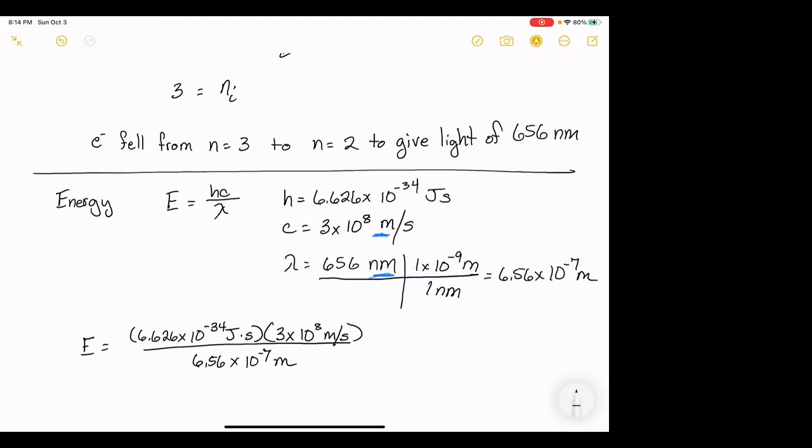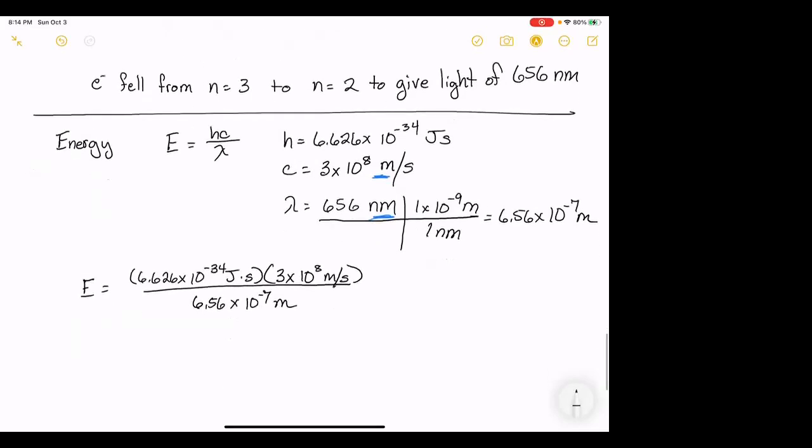And I know this is going to come out to times 10 to the minus 19 because it is visible light, and visible light will always be at 10 to the minus 19.